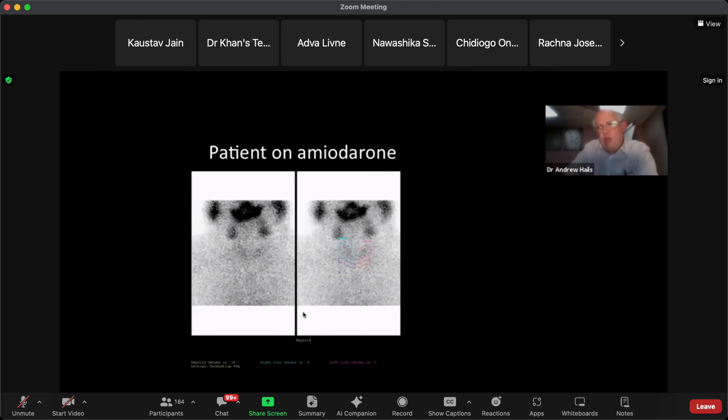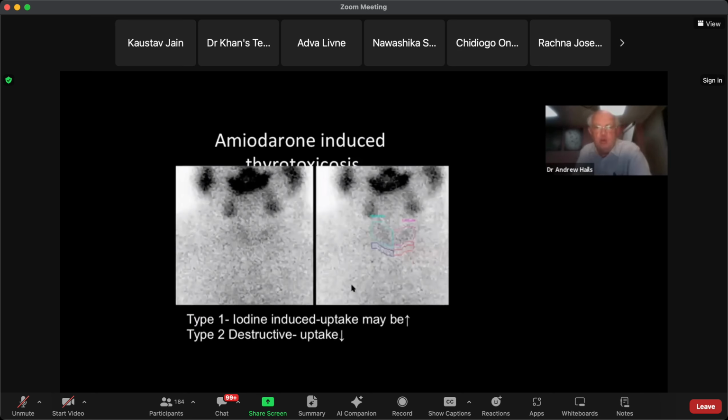And you get thyrotoxicosis because it's destroying the gland, releasing all the thyroid hormone. But in actual fact, if you do a radioisotope scan like this, you get virtually no uptake in the gland. So that's a type 2 destructive thyrotoxicosis caused by amiodarone.